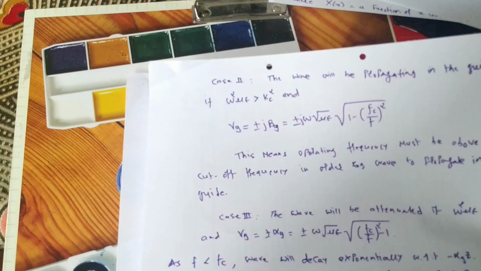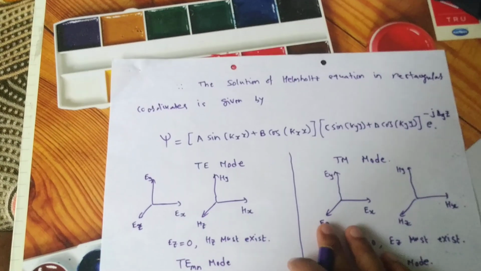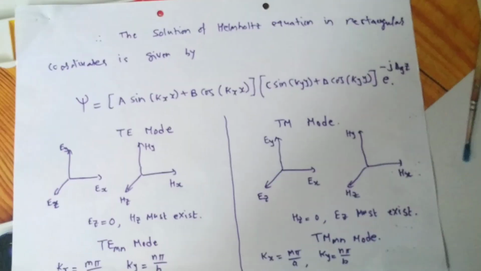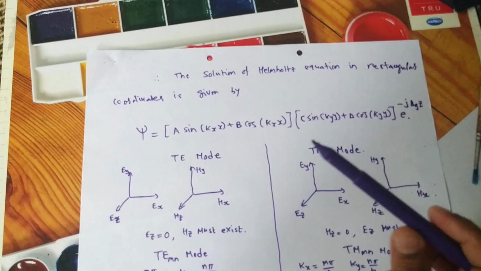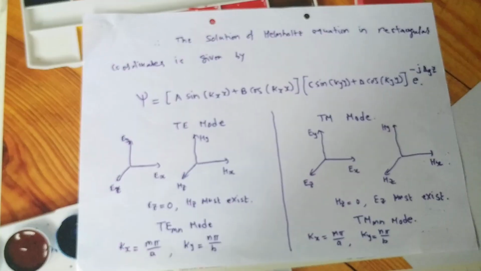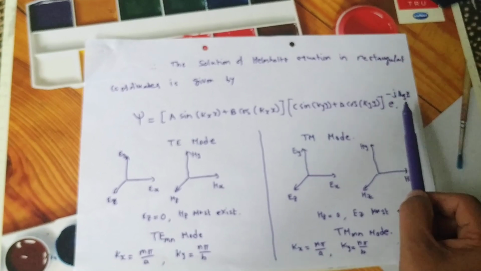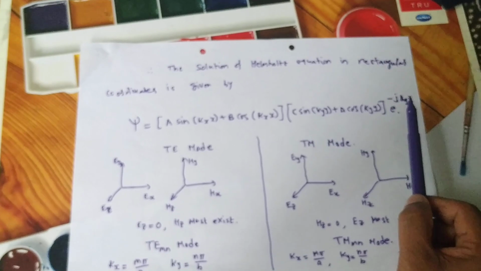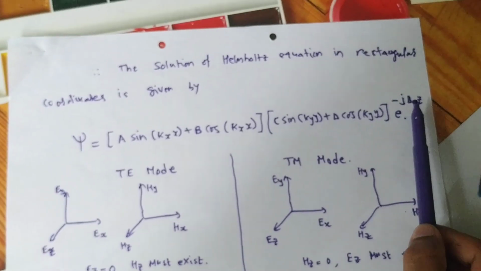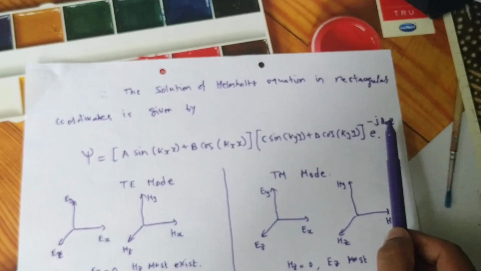Now let us conclude that, because of this, the solution of the Helmholtz equation in rectangular coordinate systems can be expressed as a function of x only, and a function of y only, and because we know that the wave is propagating in the z direction, the propagation constant is gamma g and the phase constant is beta g.